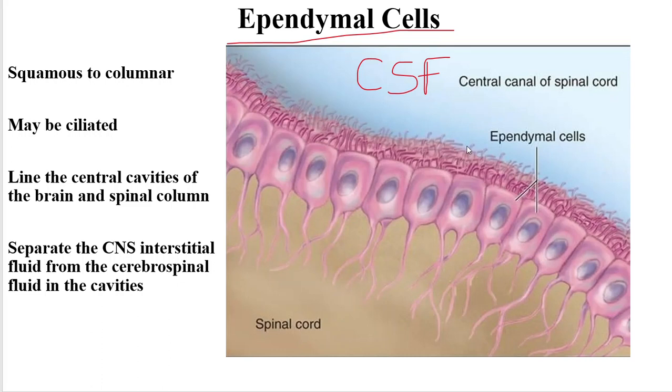In addition, if you see, these guys have got cilia. Those cilia are going to wave and actually cause that CSF to circulate. It's going to go all the way down to the bottom of the spine, all the way back up, and then eventually it's going to rejoin the venous system and the top of the brain. We'll go into more detail about that later as well.